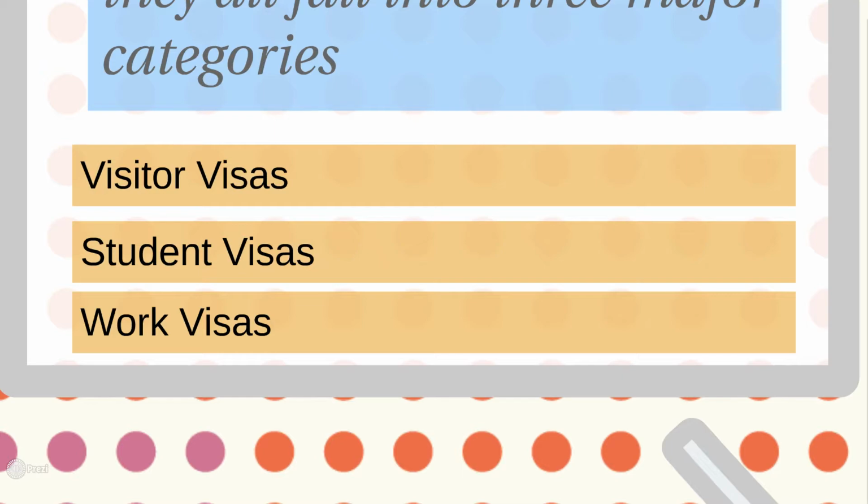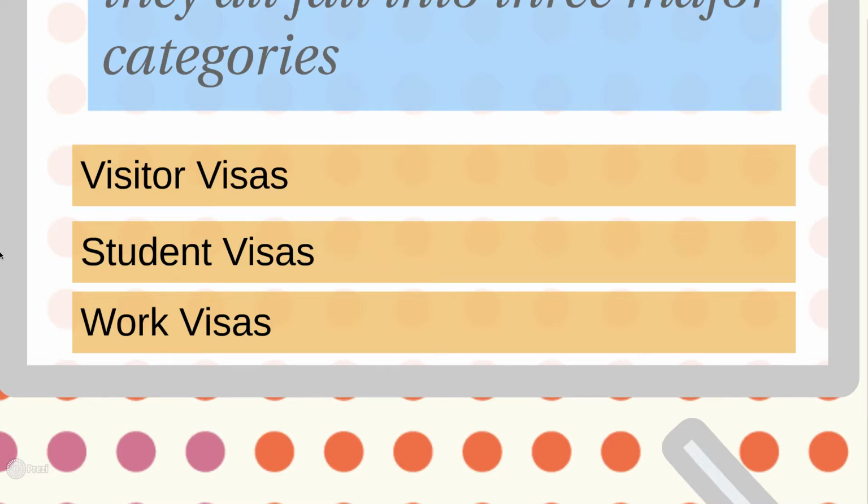There are also work visas, and I won't go over it now, but there are many types of different work visas in Canada. Some require a second step, which is called the Labour Market Impact Assessment, and there is also some type of work that is allowed without a work visa in Canada, but we'll go over that another day. So those are the 3 types of temporary visas in Canada.